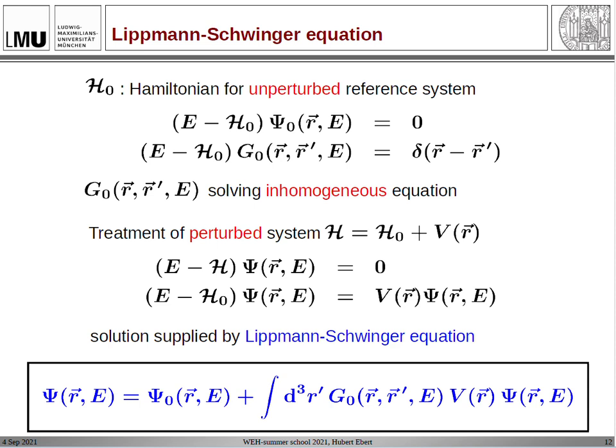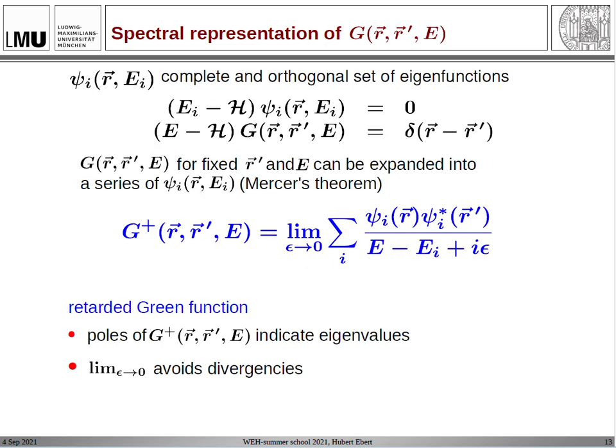But of course it has one unnice feature. You solve to get that function, but it shows also up here, and this is of course a problem we have to handle. But before we come to that point, let me have a look at some properties of the Green's function.